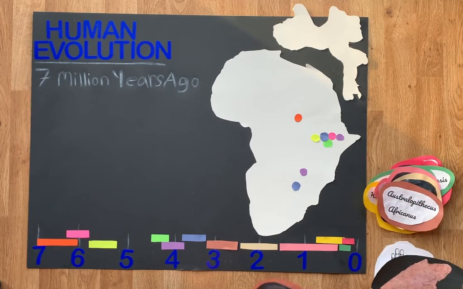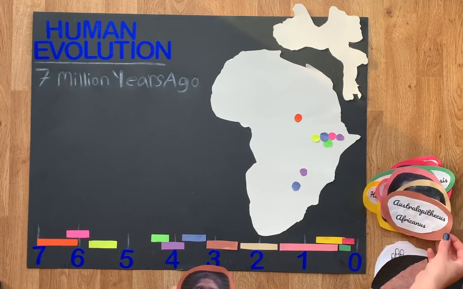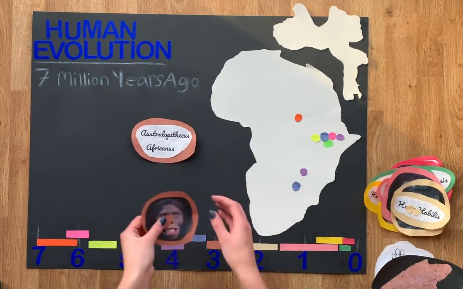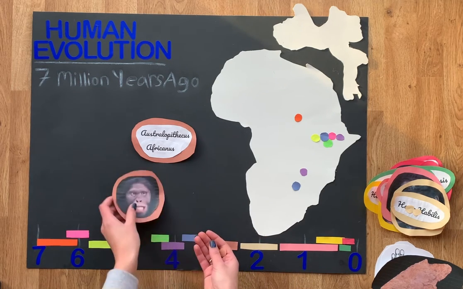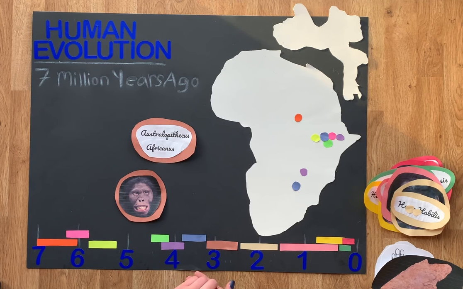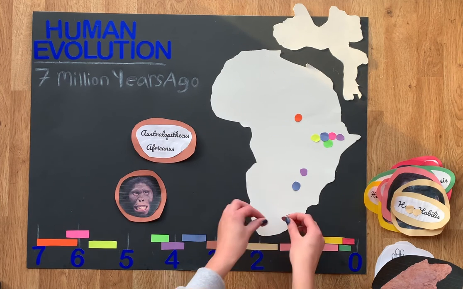By 3 million years ago, the Australopithecus africanus were living in southern Africa.